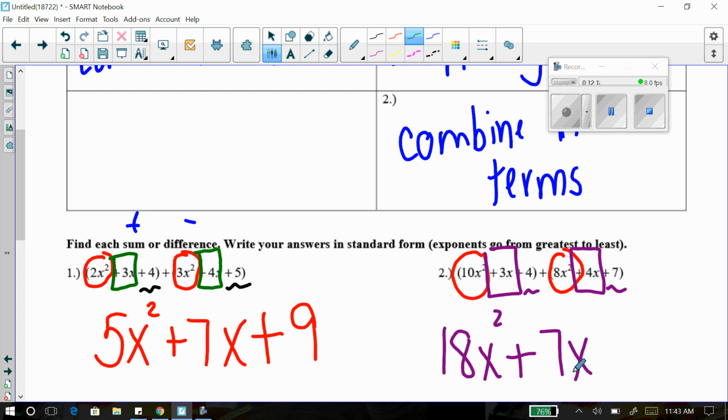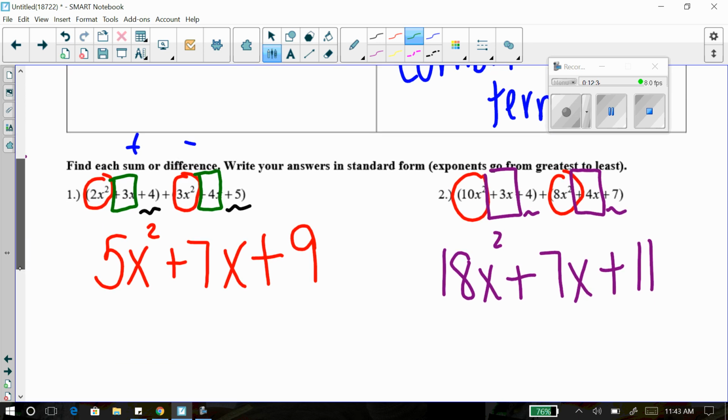And 4 plus 7 is 11. All right, go ahead and drag that answer into the correct spot there. 2 more examples, and then you guys are all set.